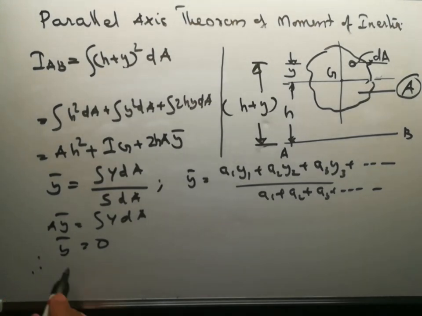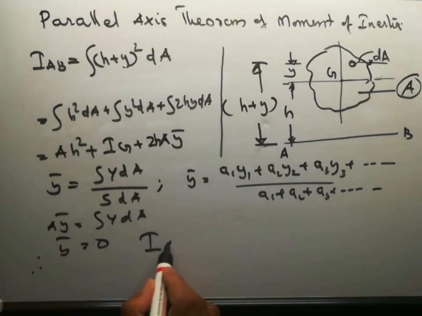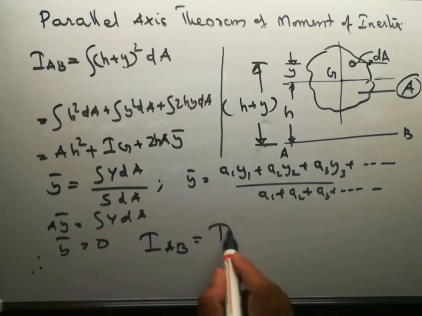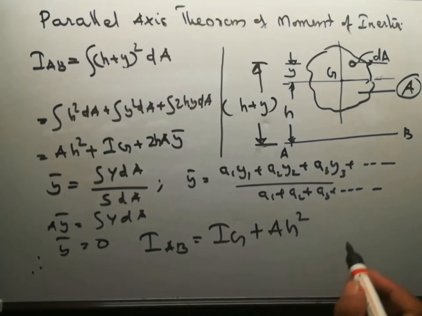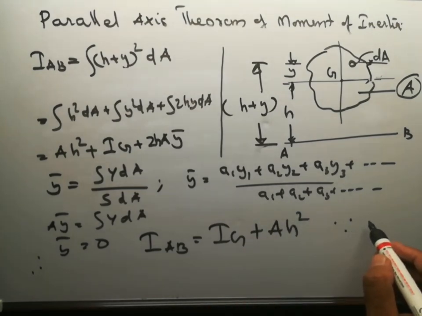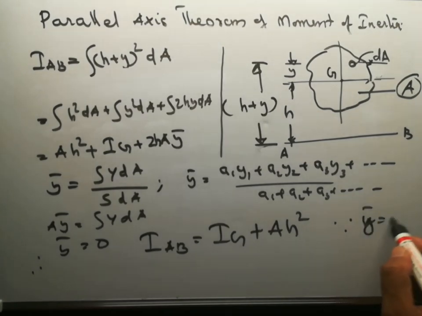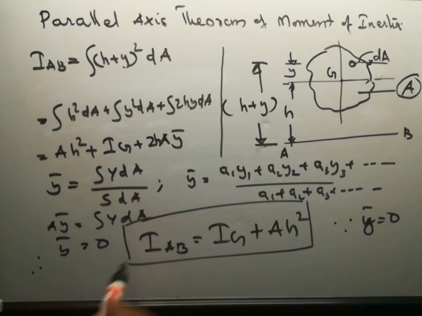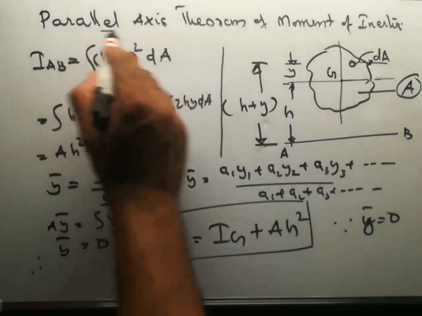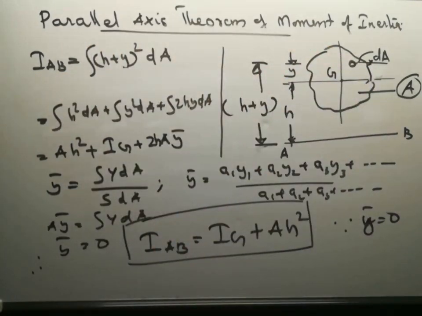Therefore, IAB equal to IG plus A h square, since y bar equal to 0. So this is the proof of the parallel axis theorem of moment of inertia for a plane area.